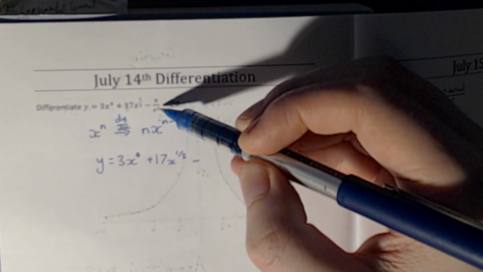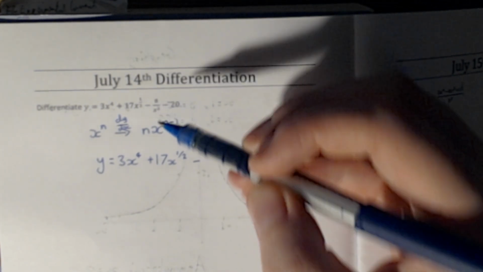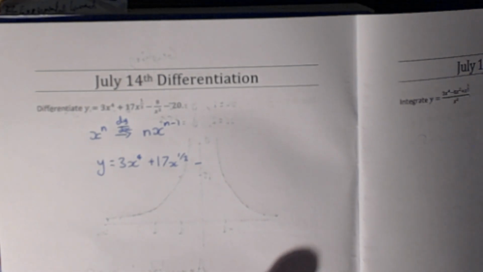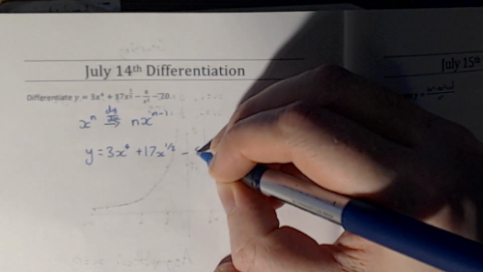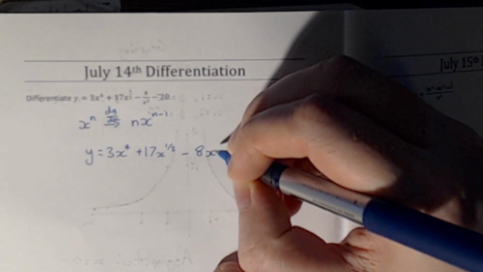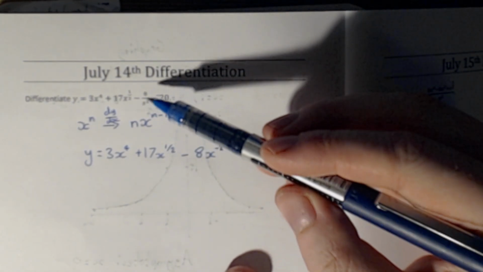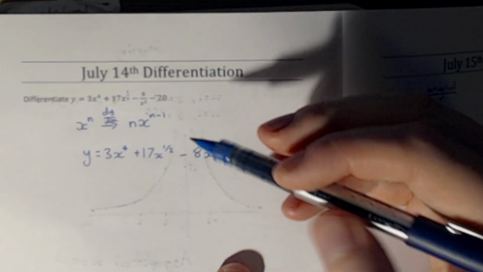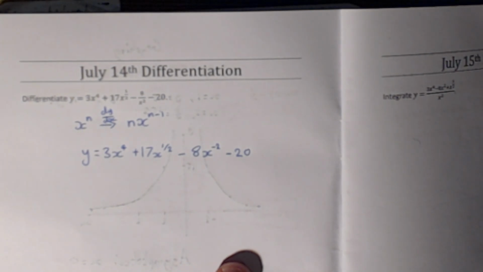Why can't I just turn this into 2x? Well, we've got this division, and actually it's hiding part of the power. So what we can actually write this as is 8 times x to the negative 2. Remember that negative gives us the reciprocal, gives us that fraction. And finally we're going to subtract 20 from that.